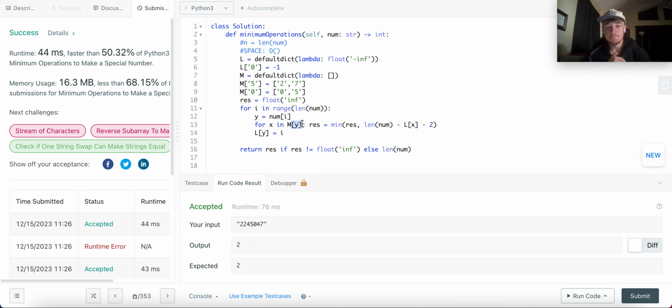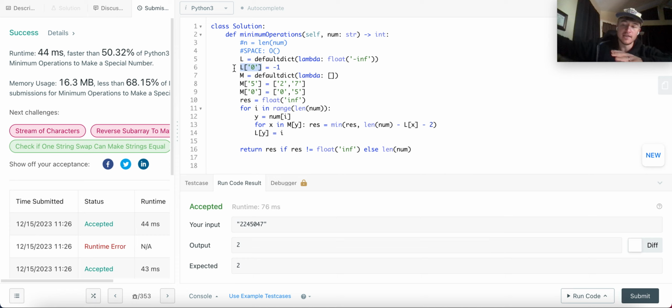So it doesn't matter how large the array is and how many times I update M or I update L, right? Like the last time I've seen 0, it's only going to get updated with the last time that I've seen it, right? But there'll never be more than 10 elements in L, because I'm only going to keep track of the 10 digits that I can look at.